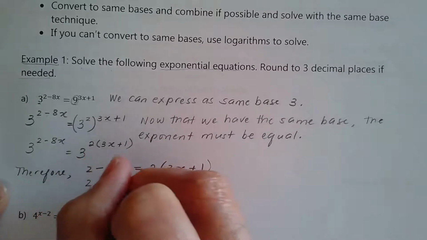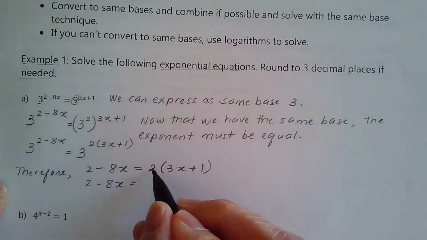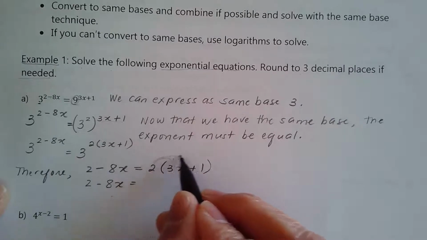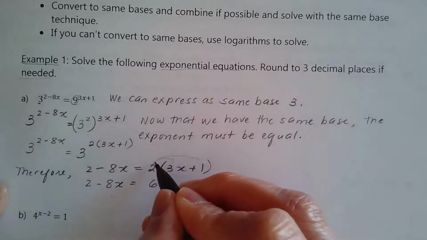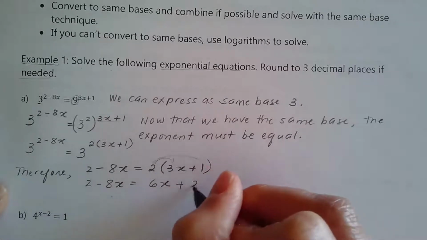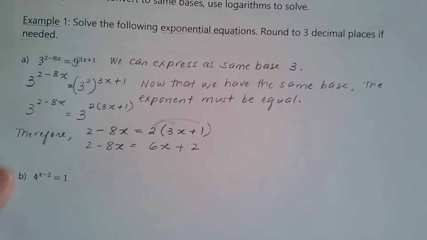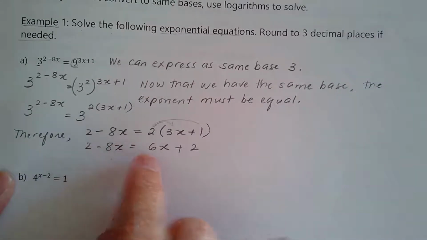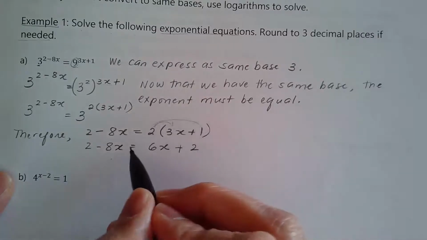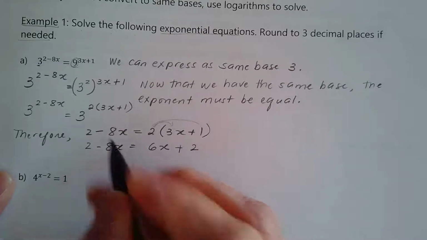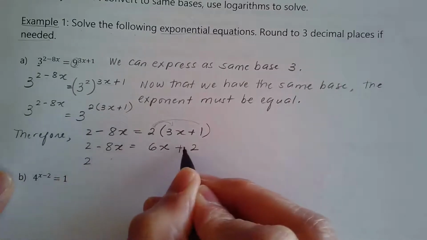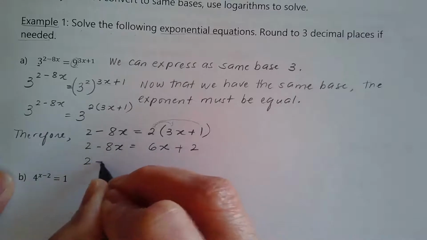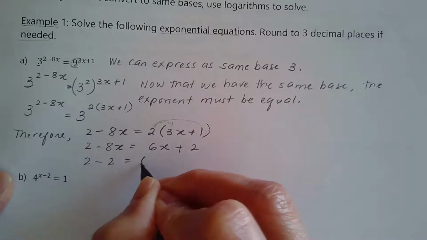So 2 minus 8x equals, using the distributive property, 2 times 3x, which is 6x, and then 2 times 1, which is 2. We're going to put all the x's on one side and all of the numbers on the other. If I take the 2 to the other side, minus 2 equals 6x.